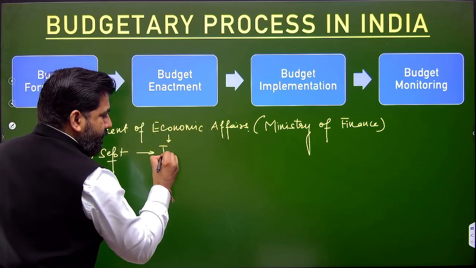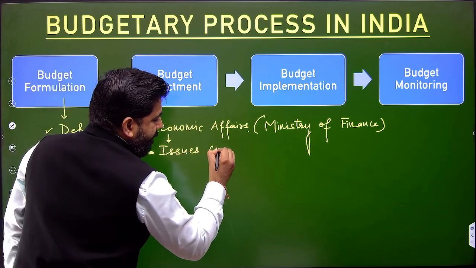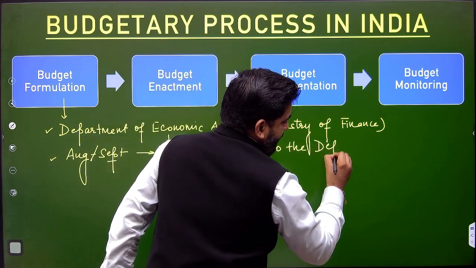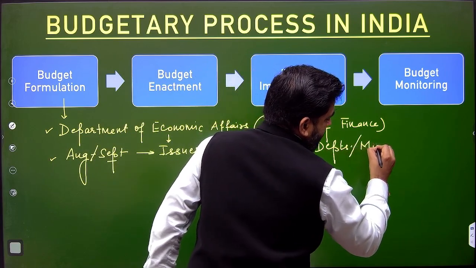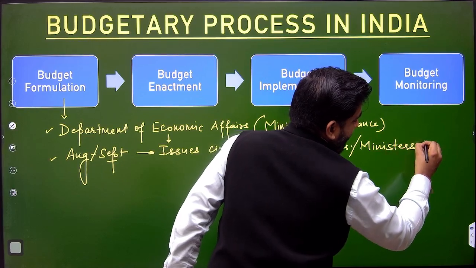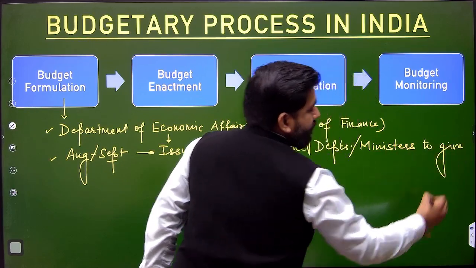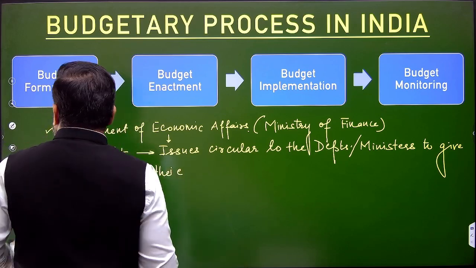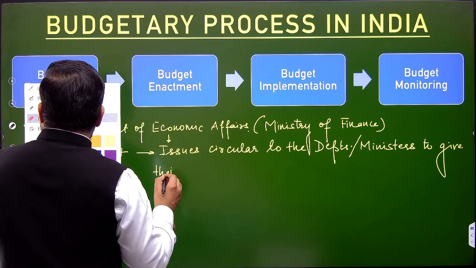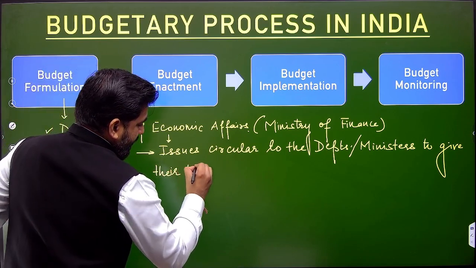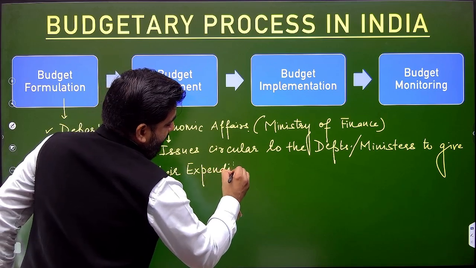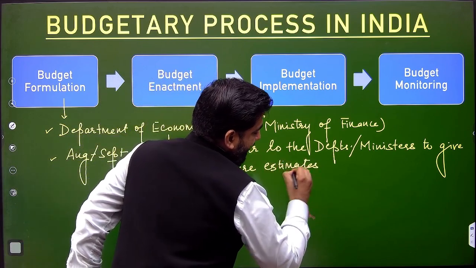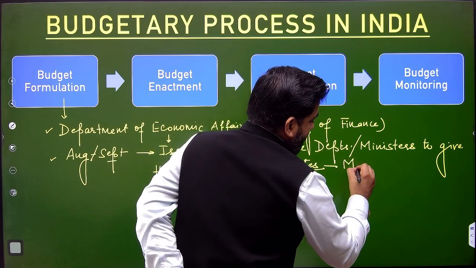This department issues a circular to all the departments and ministries to give their expenditure estimates in the form which is mentioned in the circular. Are you getting my point?